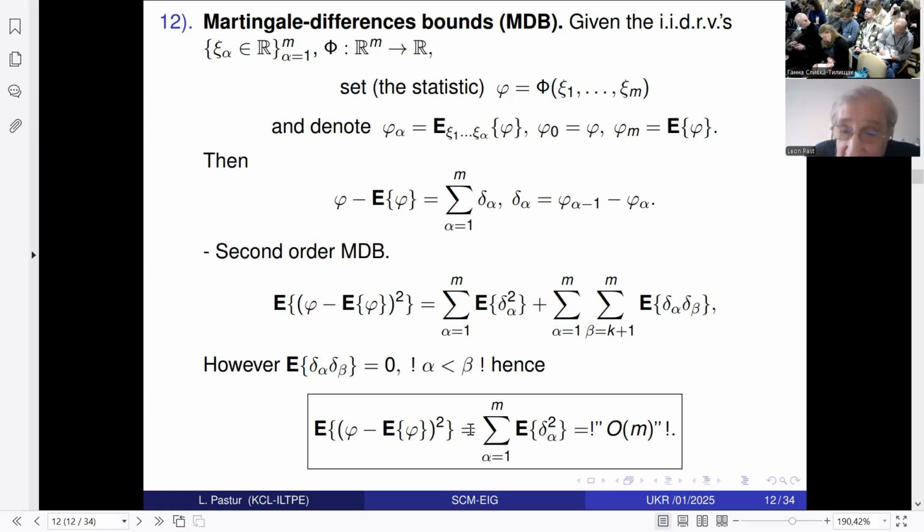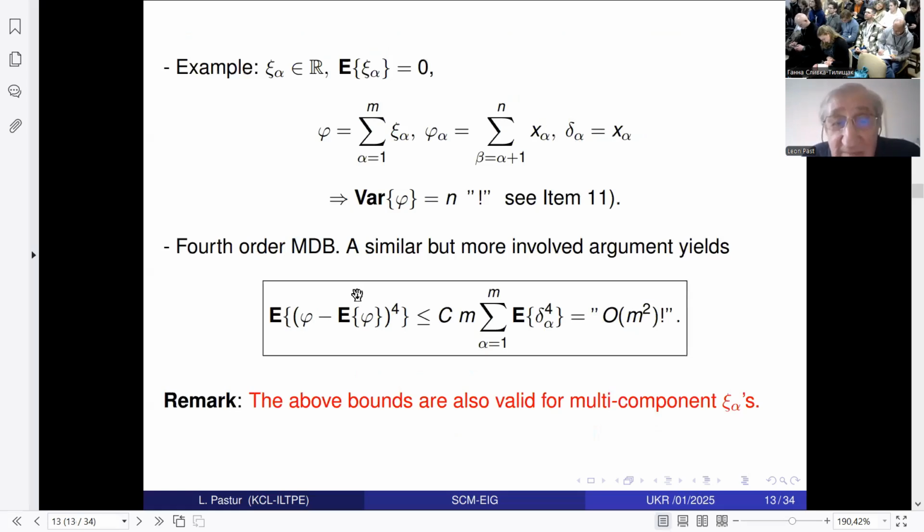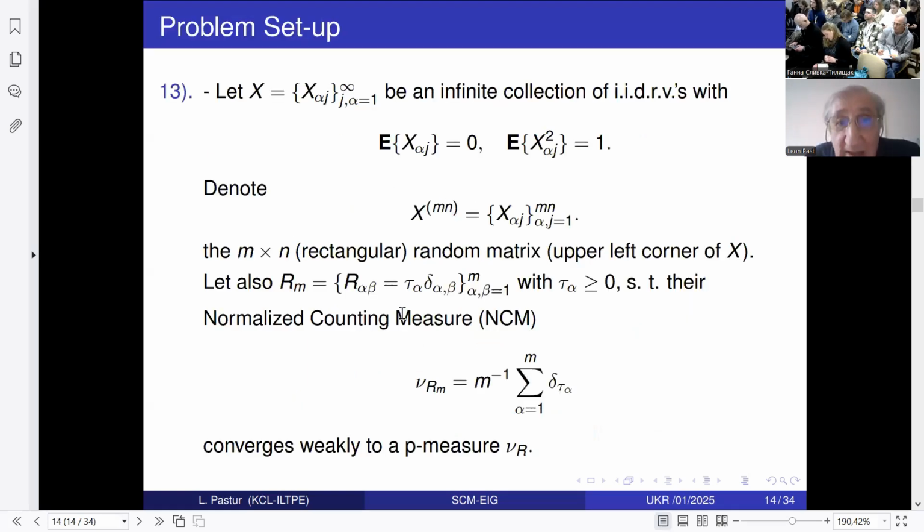And you can proceed to write something similar by using this formula. You can try to find the fourth moment here, and with a certain argument you'll find that you have a similar bound, which we are going to use also. Well, and after that, we are passing to our problem.